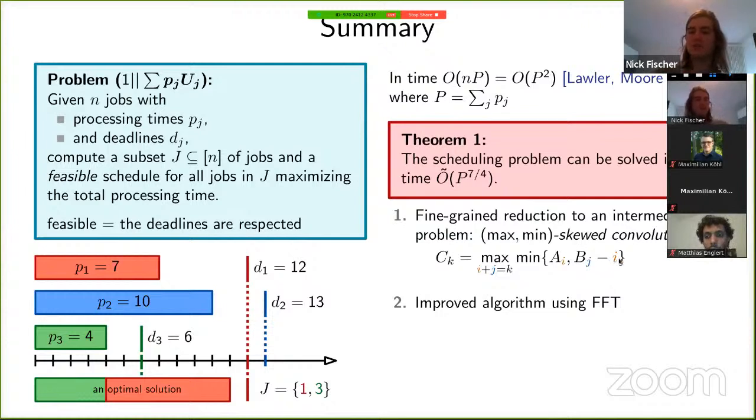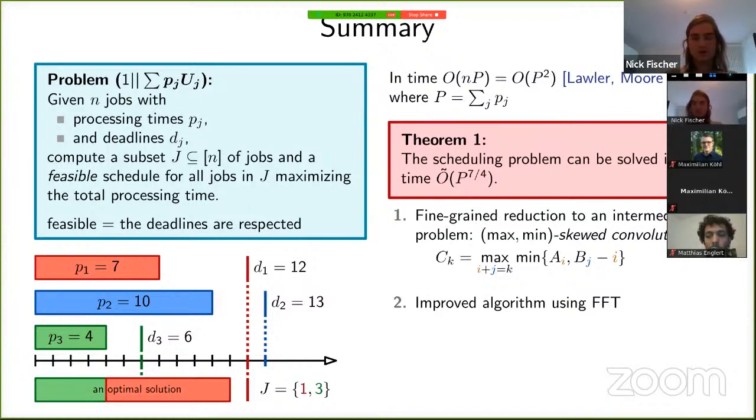So we're essentially skewing the right-hand side of these inputs somehow by the left-hand side. This is what makes the problem harder, but what's also necessary in order to solve the scheduling problem. So the next step is to give an improved algorithm for this problem. And as it turns out, the main algorithmic technique which you need is the fast Fourier transform.